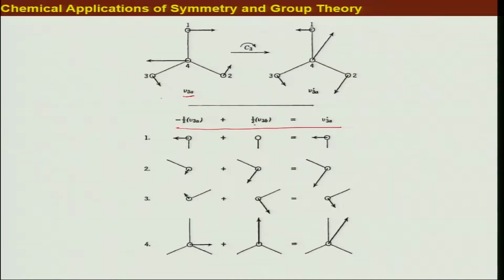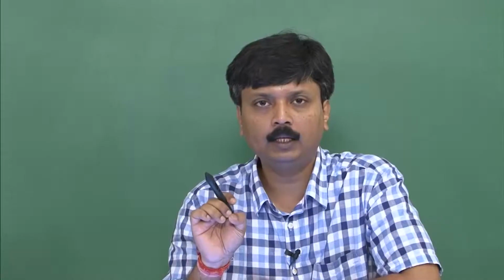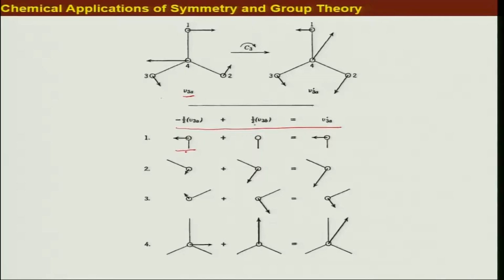So if we say that minus half of nu 3a plus half of nu 3b is equal to nu 3a prime, this is a linear combination of these. So what is minus half of nu 3a? That is this one. If you take the original structure, the arrow, and if you apply this minus half on that, you will get this structure. Similarly, plus half of this nu 3b will give you this.